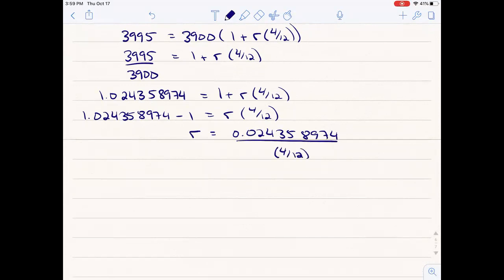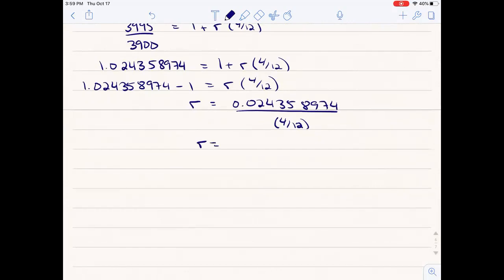And you can actually use the brackets on your calculator, right? So once you have 0.024 and so on on your calculator, you can say divided by, and then bracket 4 divided by 12, and then close the bracket. And then that'll just make sure that you're really safe. And then hit equals, because otherwise it won't do it.